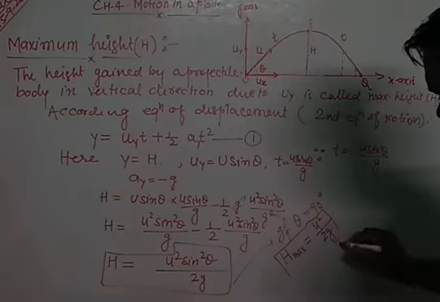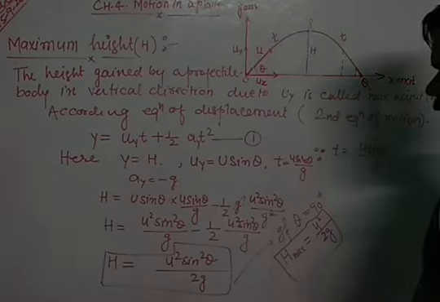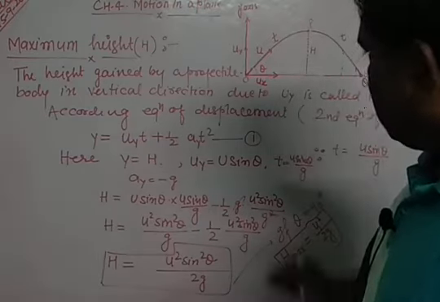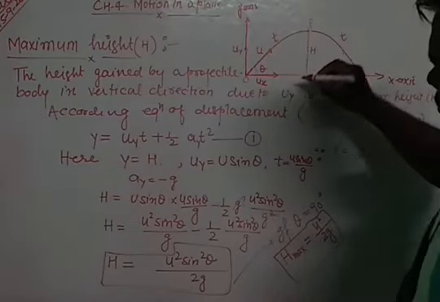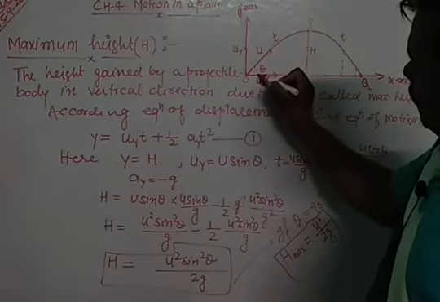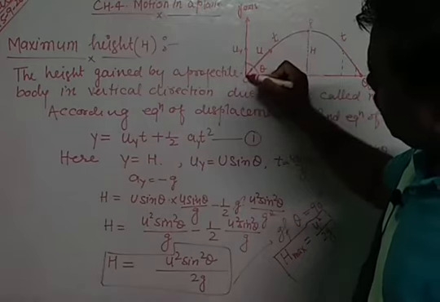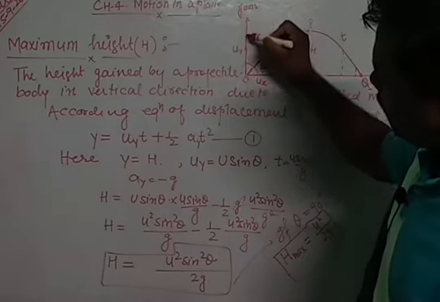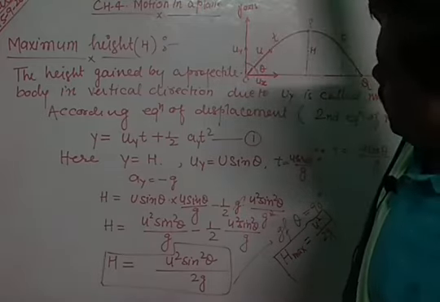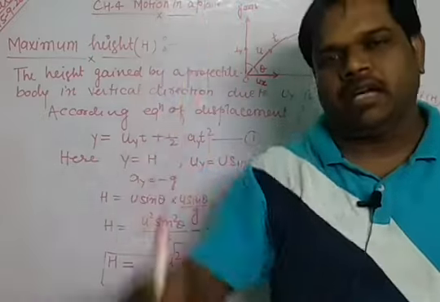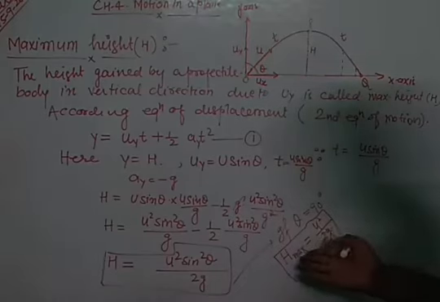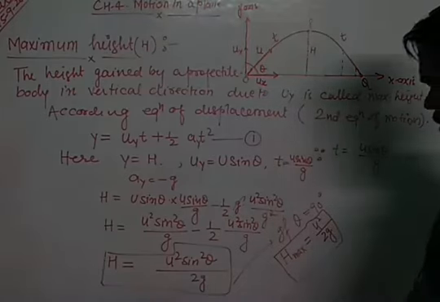This is the expression for the condition when a projectile body gains maximum height. Means if theta becomes 90 degrees, if we project a body at 90 degrees, then that particular projectile body gains maximum height. This is equal to u square upon 2g.